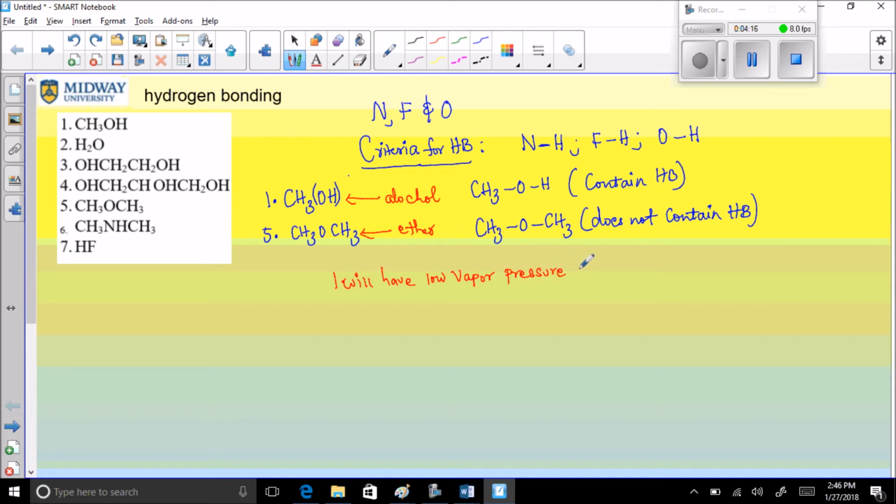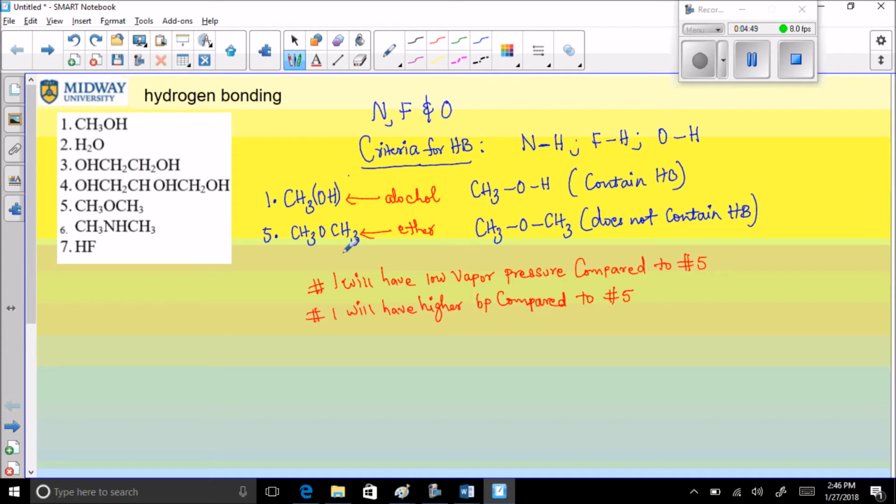Again, we're speculating, and usually the speculation is true. What does that mean? Number 1 will have a higher boiling point compared to number 5. So the lower the vapor pressure, the higher the boiling point, right?